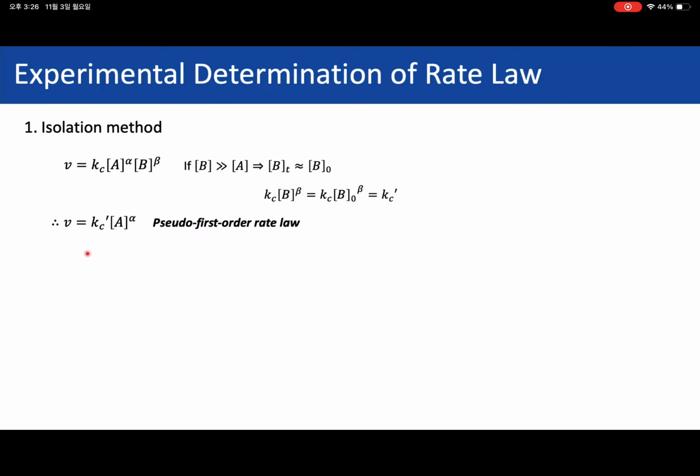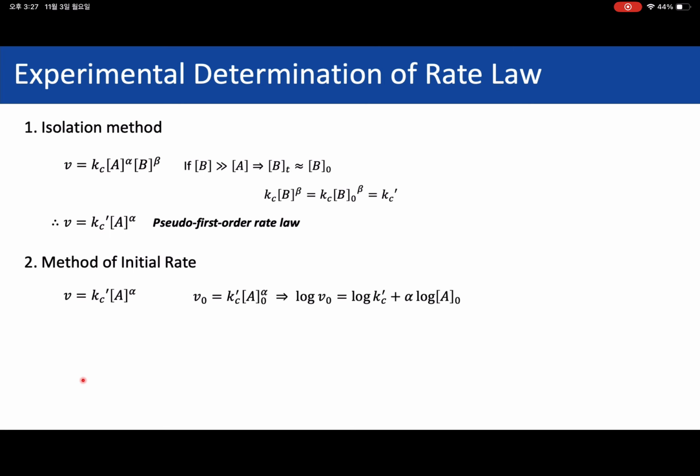Then let's say we have this equation. How do we determine this alpha? In order to determine this alpha value, we use the method called the method of initial rates. By varying the initial concentration of A, we can estimate this alpha value. So this is the equation from here.